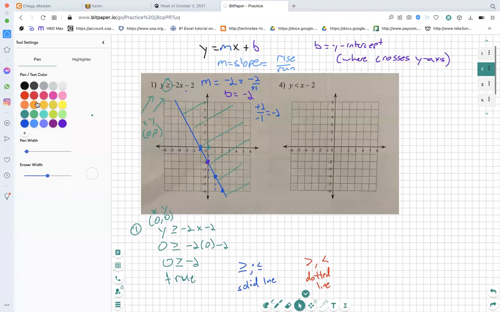All right. We're in y equals mx plus b. My m in this situation is, there's no number in front, we always imply there is a 1, which means rise over run, it is 1 over 1. My b, again, is -2. So again, I start at the point where it crosses the y-axis at -2. At this point, I'm going to go rise over run to find the next point.